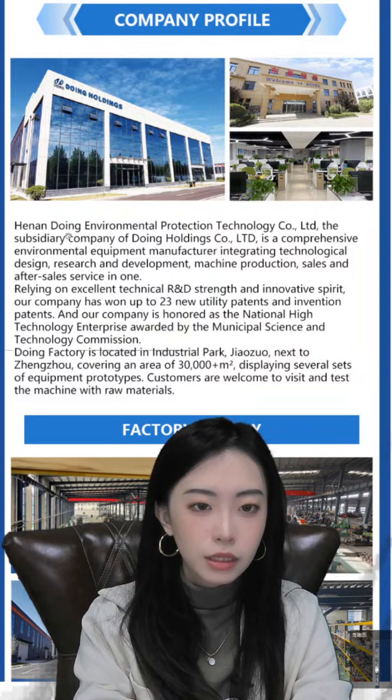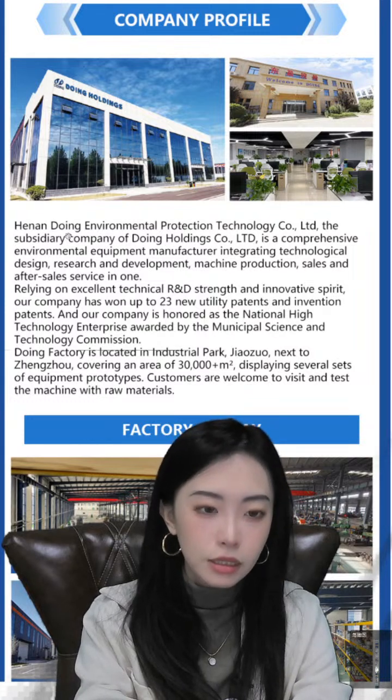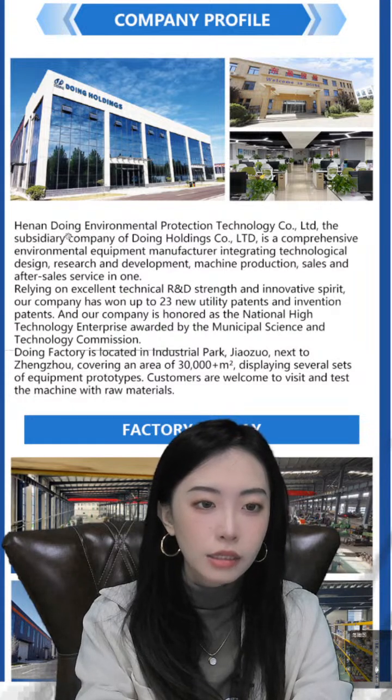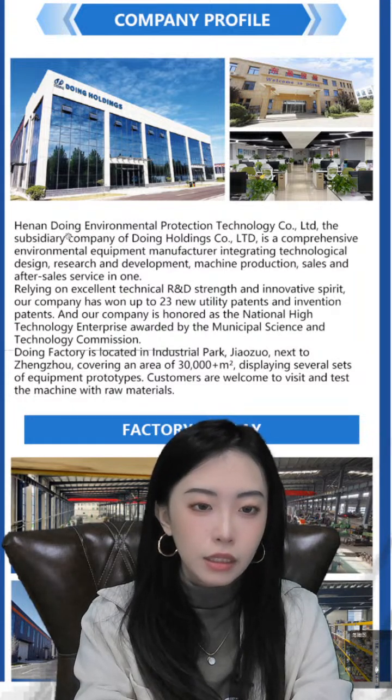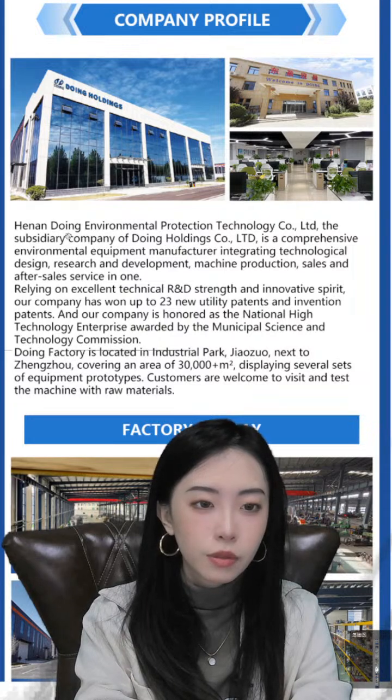Relying on our excellent technical R&D strength and innovation spirit, our company has obtained 23 new patents. We have renewed these data and invention patents, and our company is honored with the National High Technology Enterprise Award by the Municipal Science and Technology Commission.